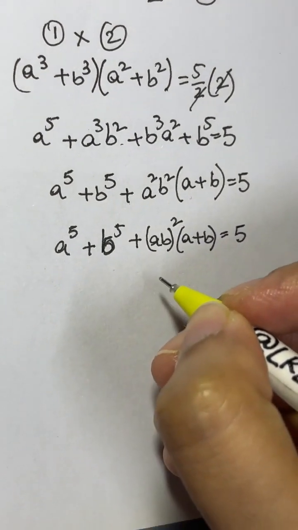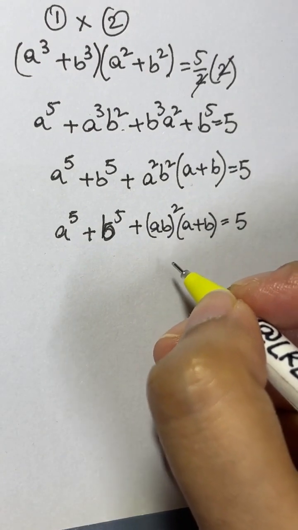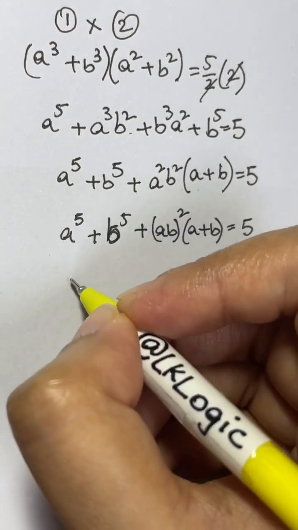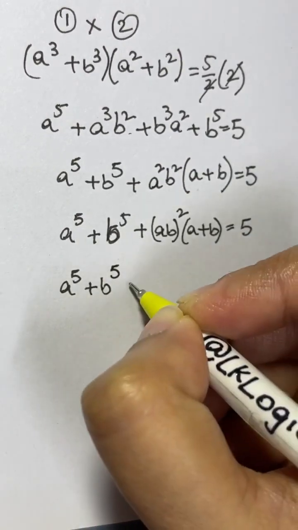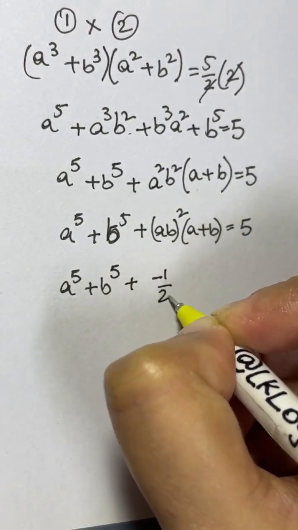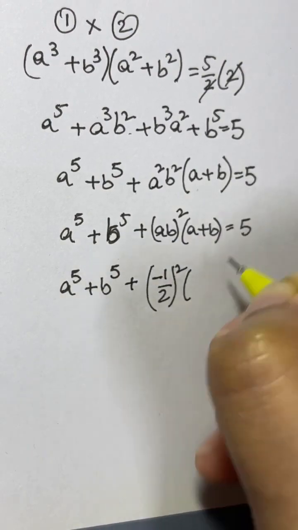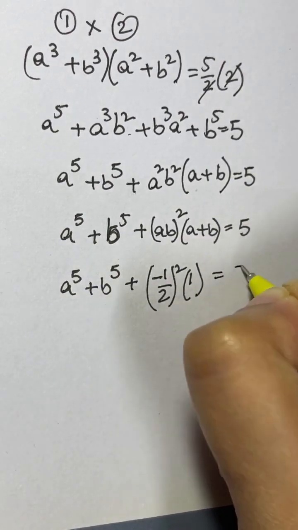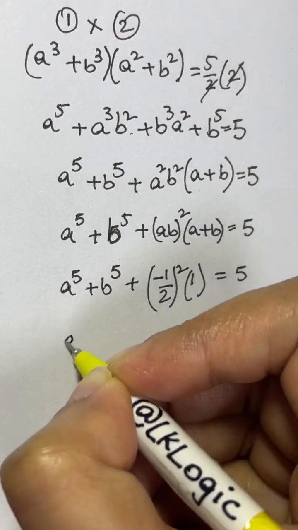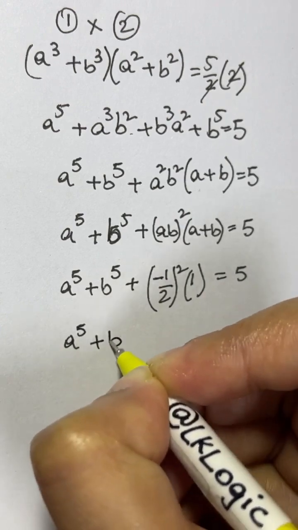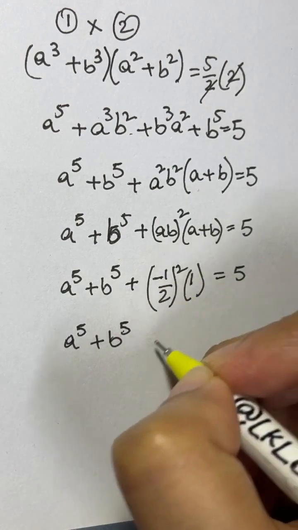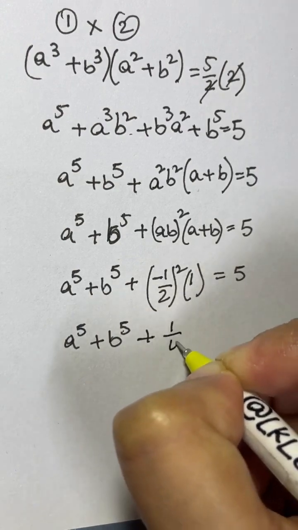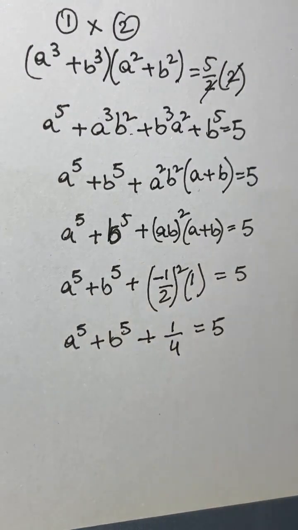Now as you know, ab is negative half, so I'm going to substitute that. a to the power of 5 plus b to the power of 5 plus negative half the whole squared, a plus b is 1, is equal to 5. So now a to the power of 5 plus b to the power of 5 plus, minus and minus is plus, 1/4 is equal to 5.